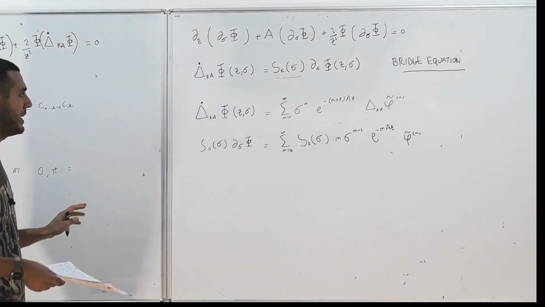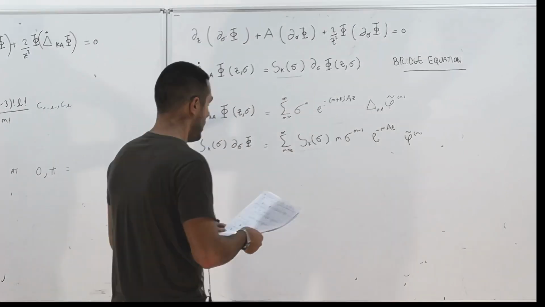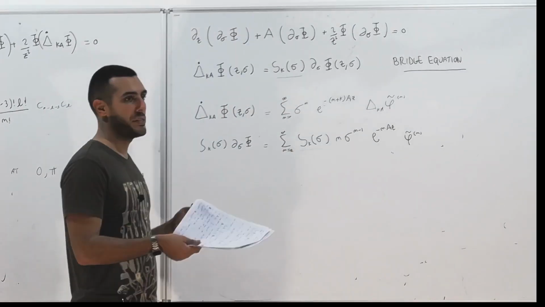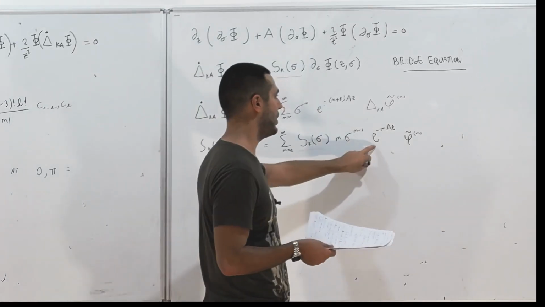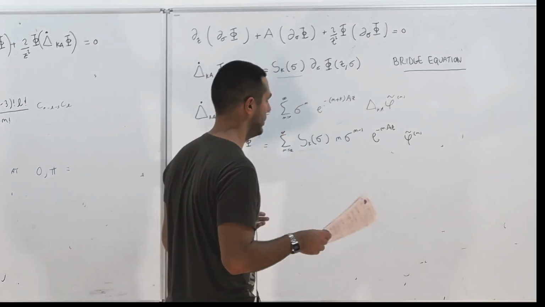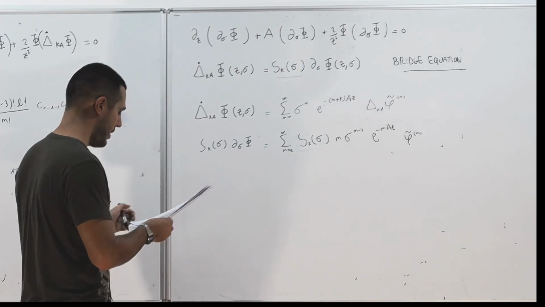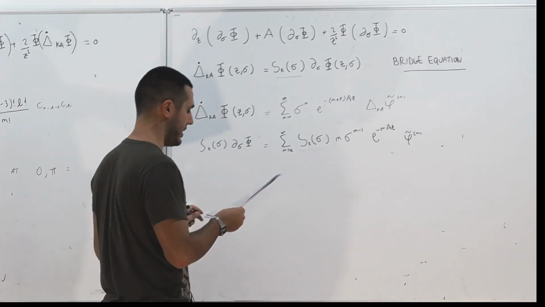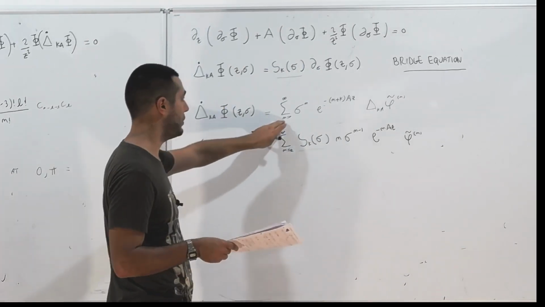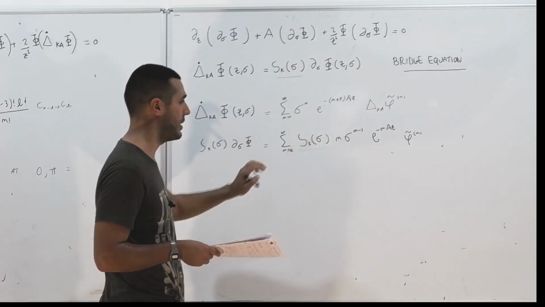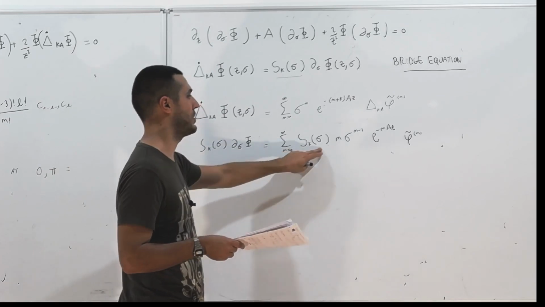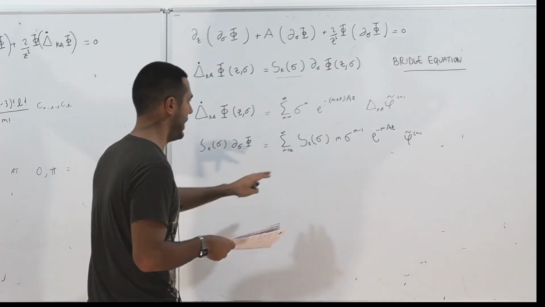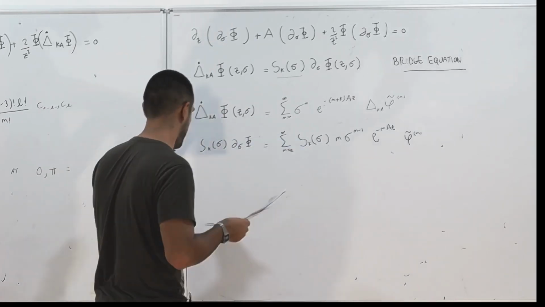And now we want to match powers of sigma on both sides of the equation, and also powers of e to the minus az. On the left-hand side, we clearly have only positive powers of sigma. So this fixes the dependence on sigma of this constant s_k up to something.